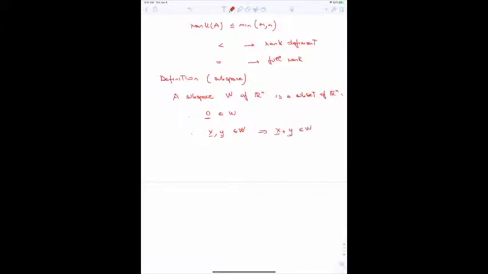So W has to be closed with respect to the sum. And if you have a vector x in W and you take a scalar s in the set of real numbers, then s times x must belong to W in order for W to be a subspace.